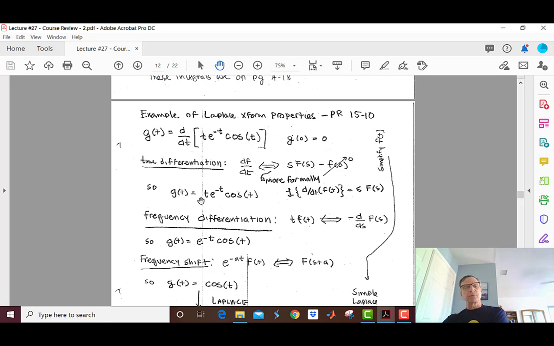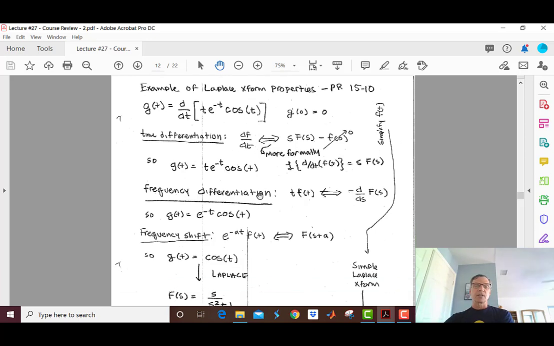At this point, it looks like I call this g(t). Good enough. But you can see that now I have simplified it, so I'm no longer going to work with that derivative. I'm going to work with what's inside here. So I have t e to the minus t cosine t.